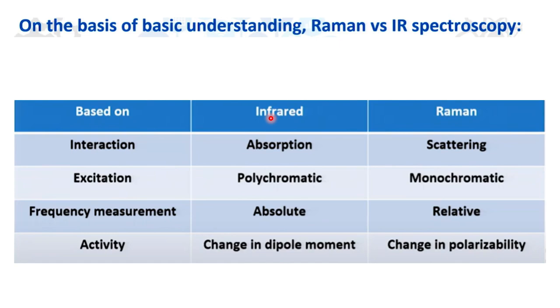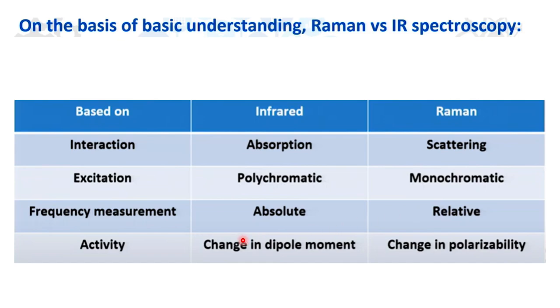Now, on the basis of understanding Raman and IR, what are the differences? Based on interaction, infrared is absorption, but Raman is scattering. Based on excitation, IR is polychromatic, but here you need a monochromatic source. Based on frequency measurement, it is absolute, but in case of Raman, it is relative for anti-Stokes or Stokes.